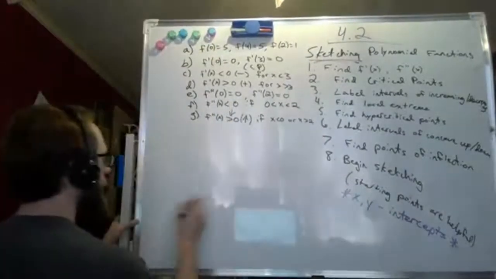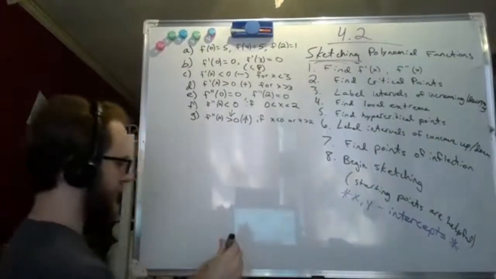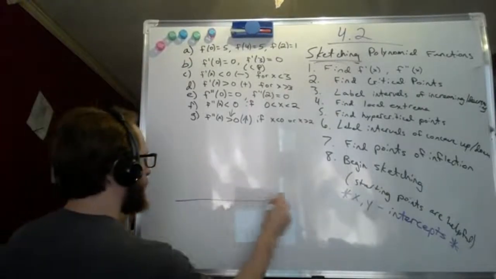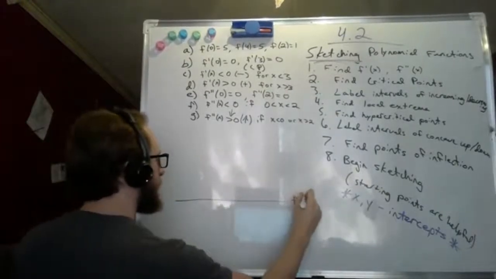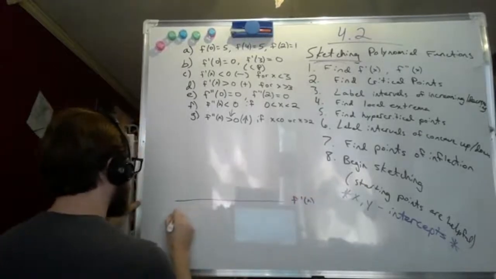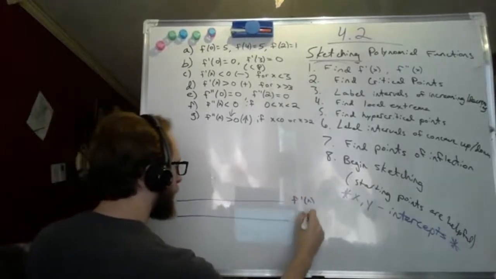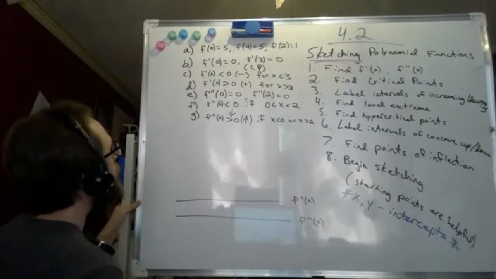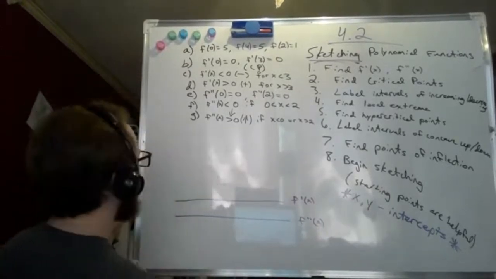So just as before, and I'll switch colors here, we want to label our first derivative, and we want to label our second derivative. So what do we have here? We're told we have a critical point at 0.